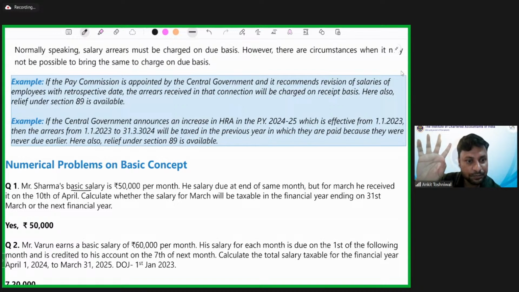Correct? Calculate the total salary taxable for the financial year April 1, 2024 to March 31, 2025. Date of joining 1st Jan 2023. Answer me.